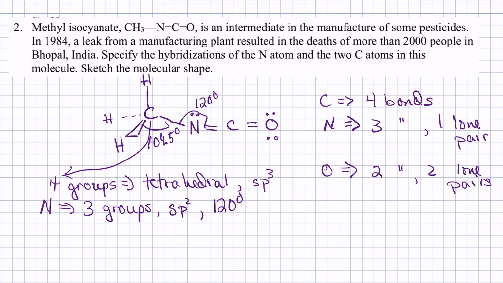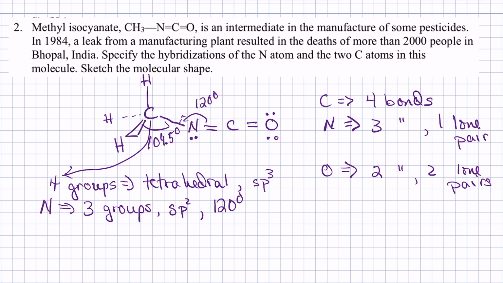And actually, the way I've drawn it, it probably would be better to have drawn, just to be more representative of what's going on here, the non-bonding pair of electrons on the other side. And again, that's 120 degrees. So that would be a better way to represent it. So that's a 120 degree bond angle there.